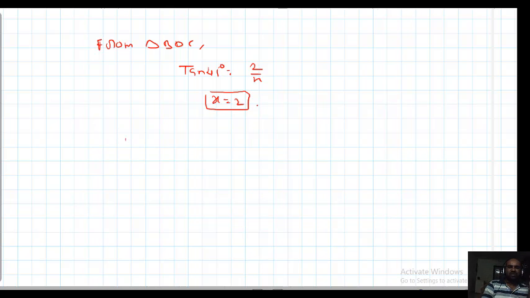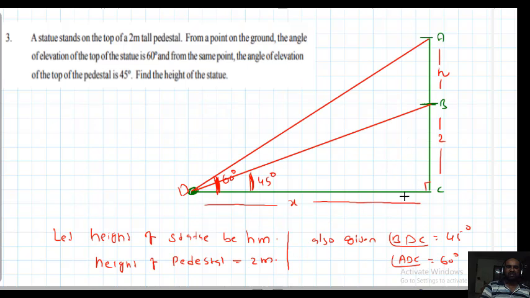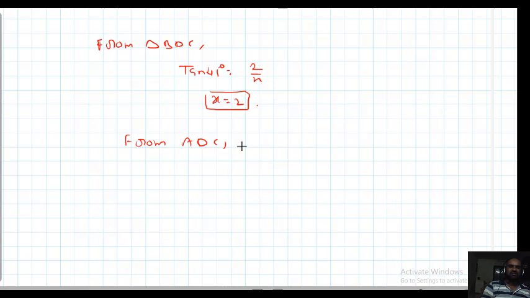Next, from the bigger triangle, triangle ADC, or ACD is better, right angle in the middle. We should correct it now.